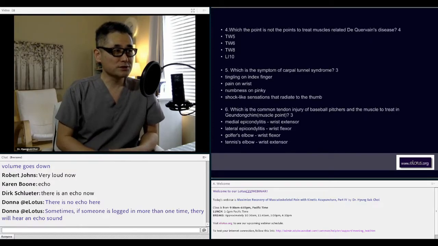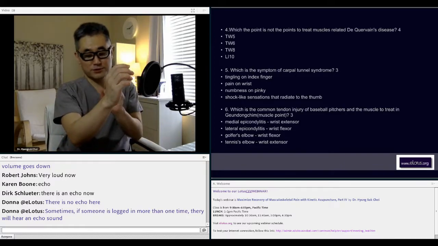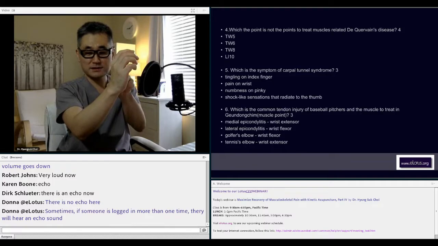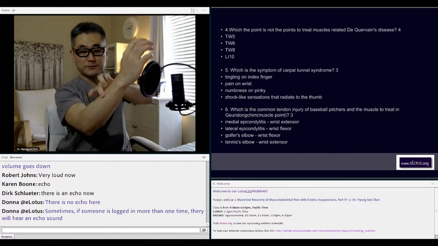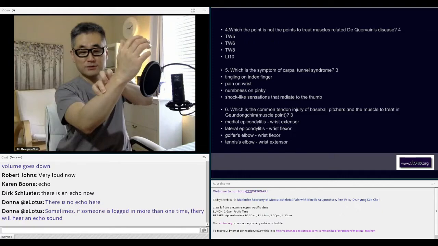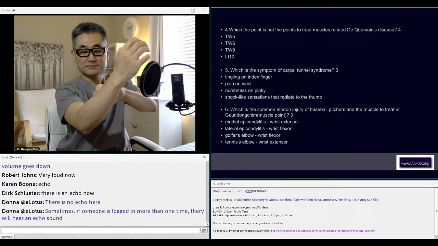And number 4, which point is not the point to treat muscles related to Quervain's disease? This question is asking about these 2 muscles going to the back of your forearm. So the muscle is around here. If you just flex and extend, you can feel the muscle belly moving here. So it's not here.